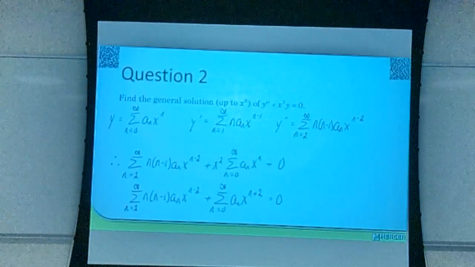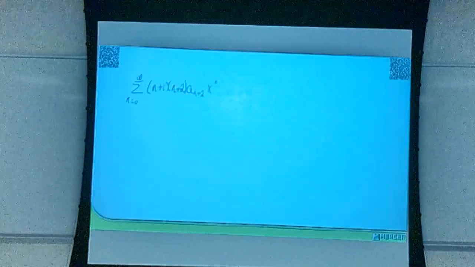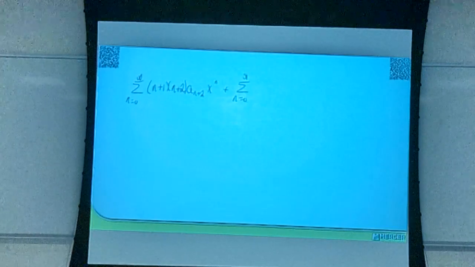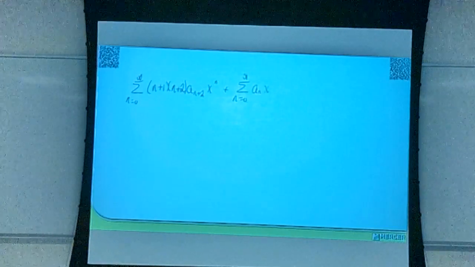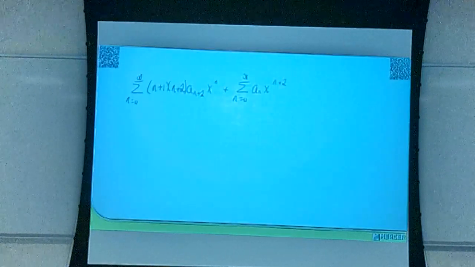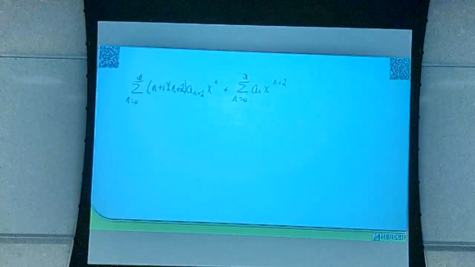That becomes n plus 1 times n plus 2. That x to the n plus 2 is going to be a problem.